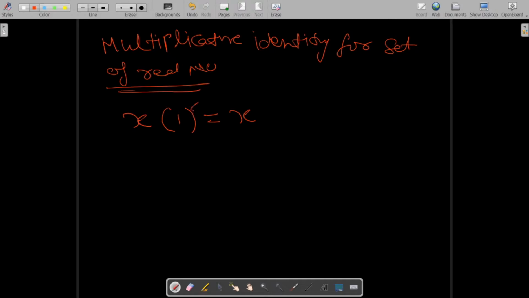So this is called the multiplicative identity. So what is the multiplicative identity for any real number? 1 is the multiplicative identity. When you multiply with any real number, the same real number will come as a result. So there is no change in the identity. That's why we say 1 is the multiplicative identity.